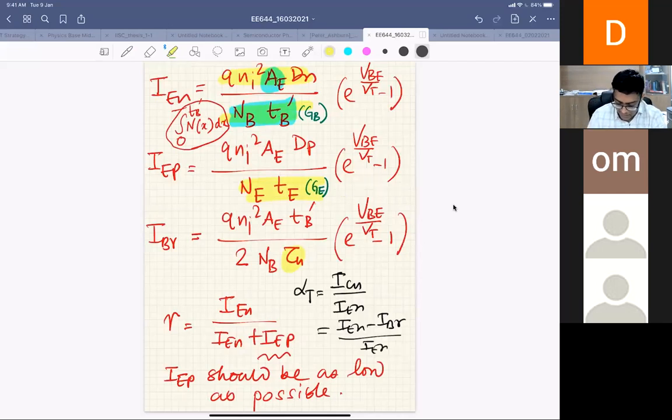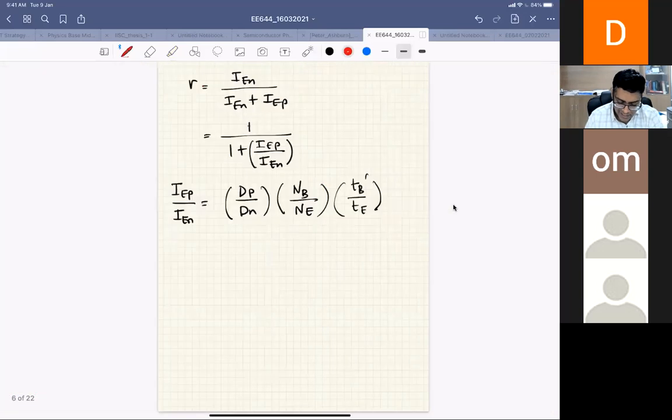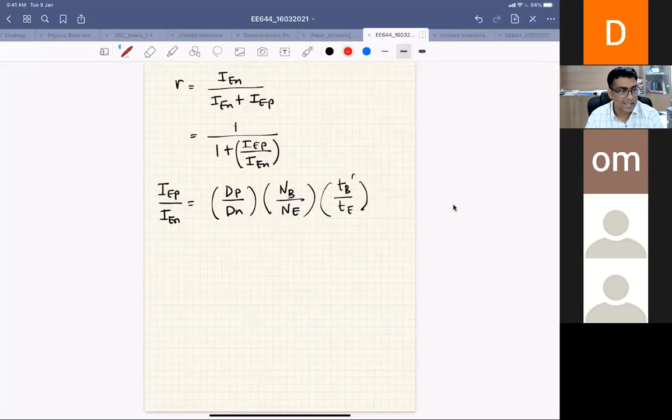Okay. And if you want gamma to be 1, then IEP should be as low as possible. So your IEP should be much lesser than IEN. And we had done this, right? IP by IN is nothing but dP by dN times NB by NE times TB dash by T. If I want my IP to be much less than IN, that means my NE should be higher than NB.